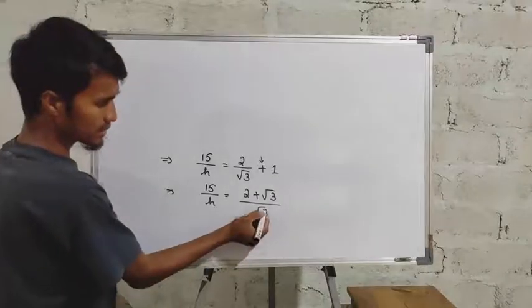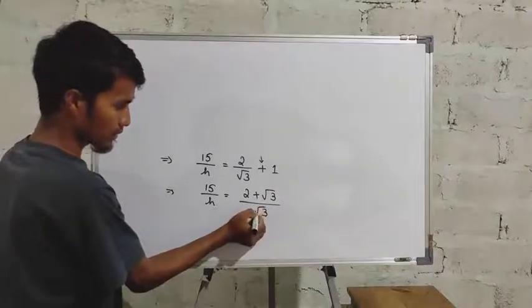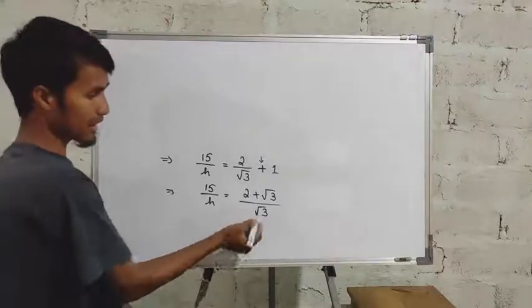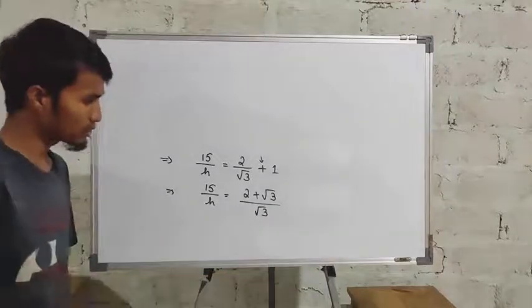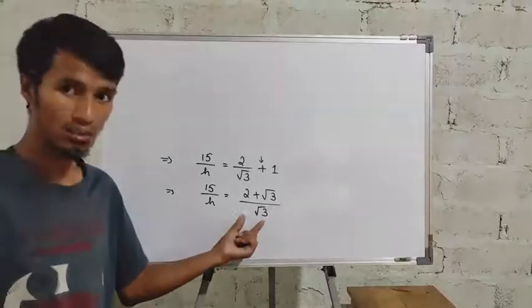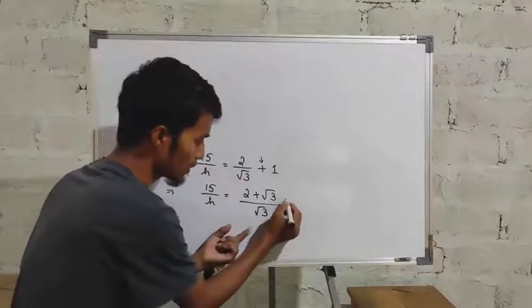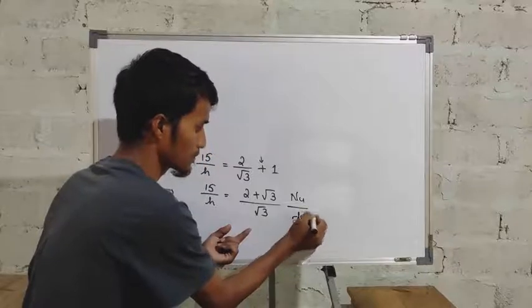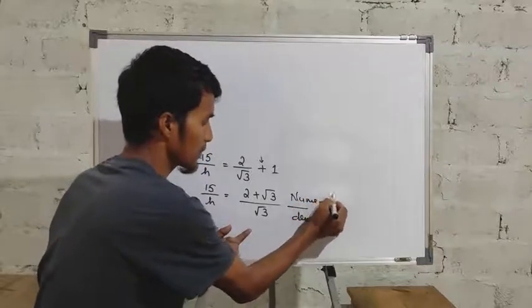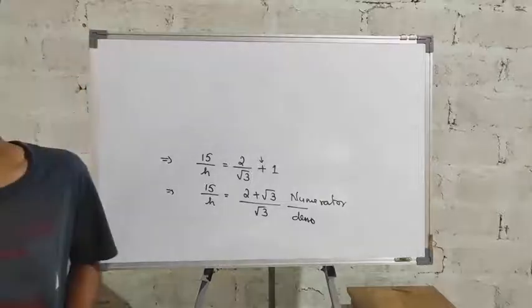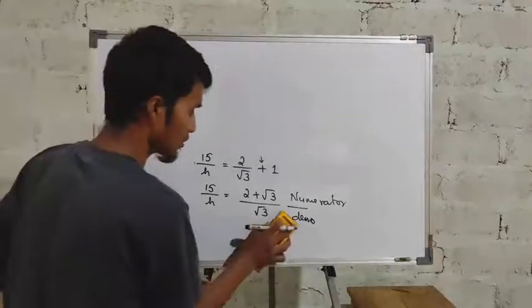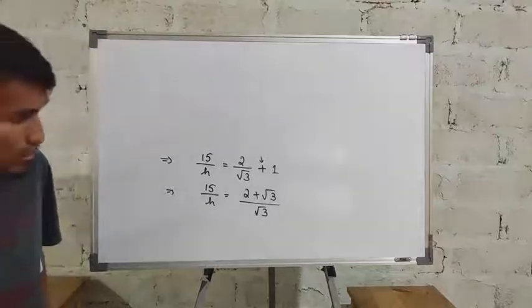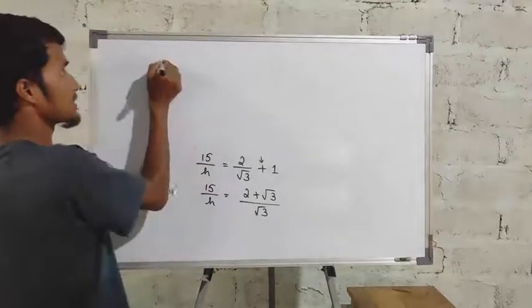Now this number root 3 is not a rational number. It is an irrational number or contains a radical. Then we have to remove this radical, especially from the denominator. This is the numerator, then this is the denominator. In class 9 you already studied how to remove the radical from the denominator by rationalizing it.